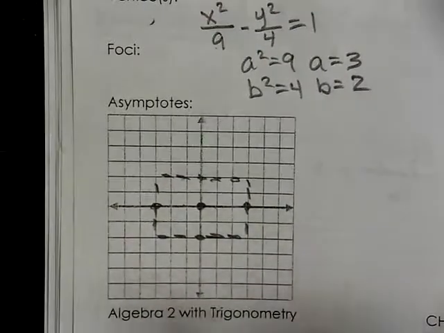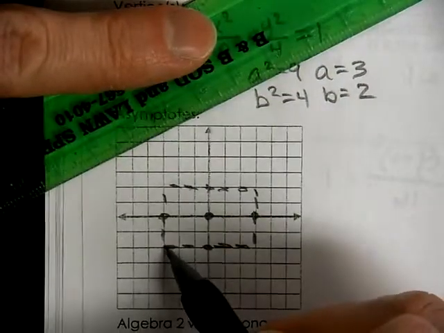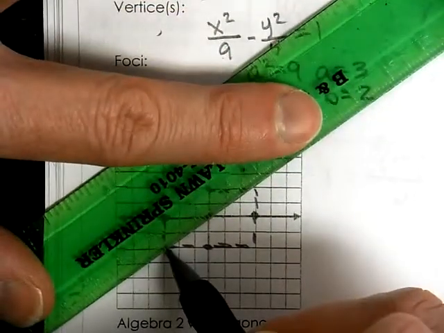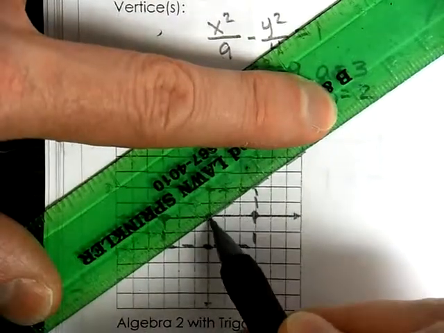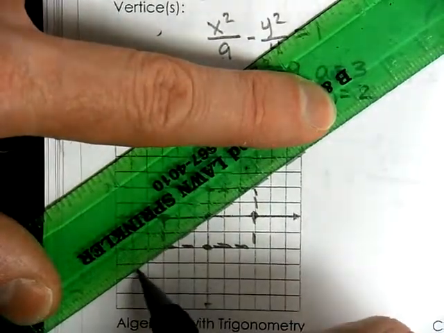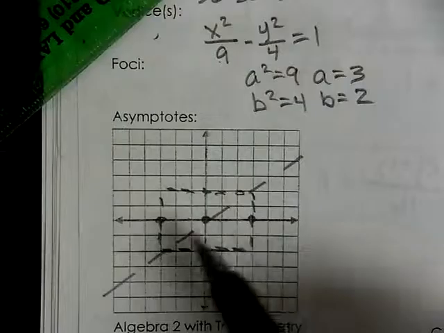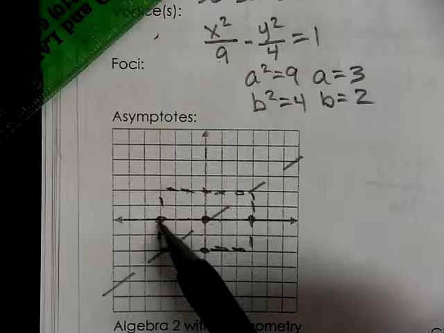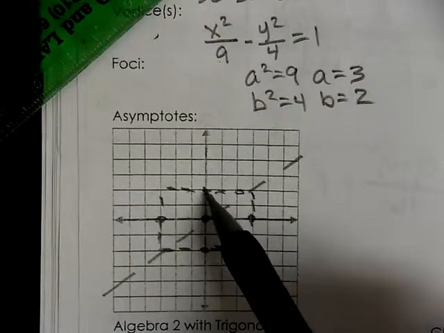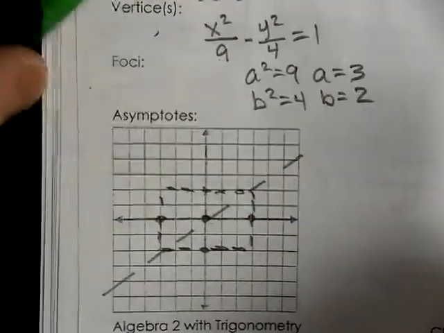If you come through with a straight edge, you can connect those 2 points together, and you're going to see that this has the slope of b over a.